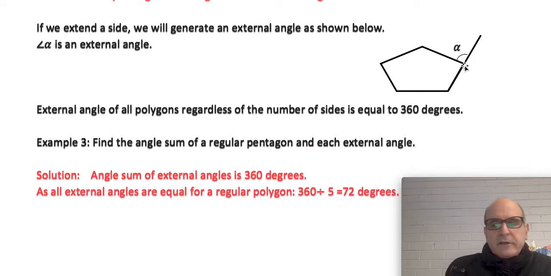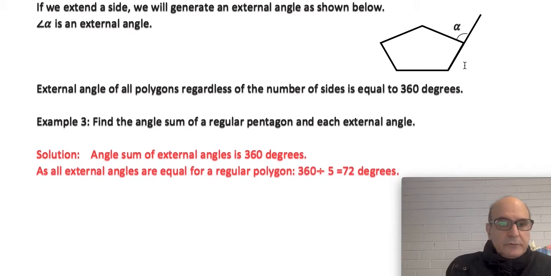But they are always going to add up to 360, no matter how many sides we are talking about. So if it is a pentagon, hexagon, or even a square, a rectangle, or a triangle, basically all polygons, the external angles always add up to 360.